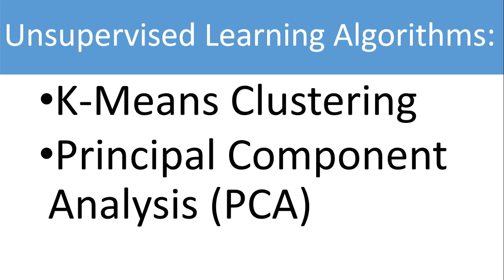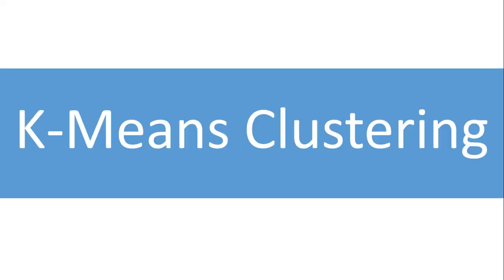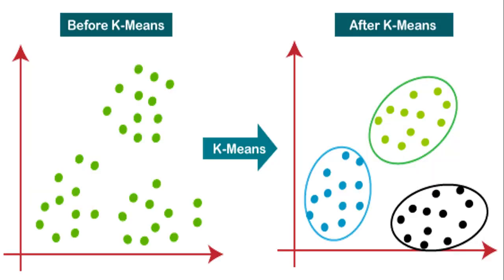Unsupervised learning algorithms: K-means clustering, principal component analysis, PCA. K-means clustering. Before K-means, we have ungrouped circled green images.